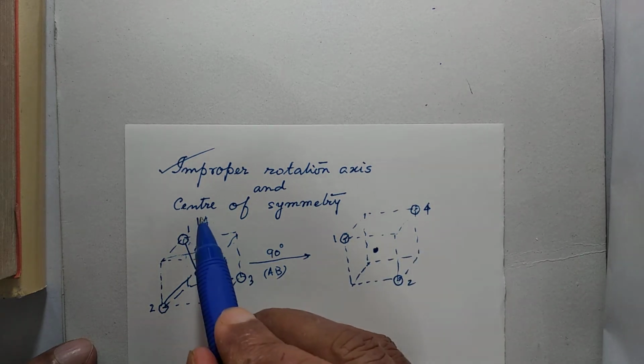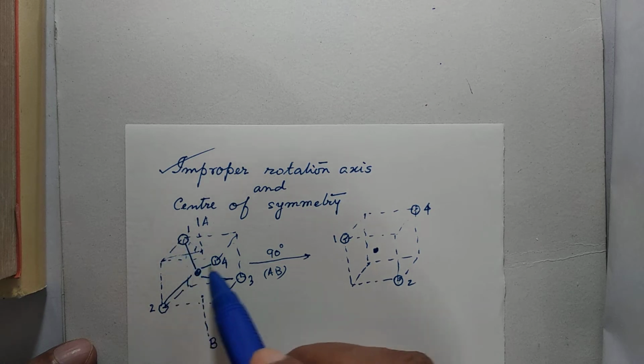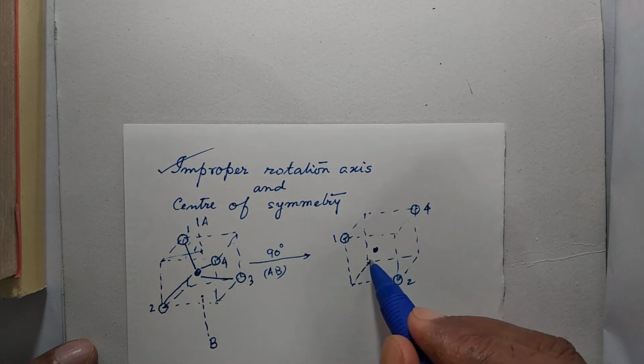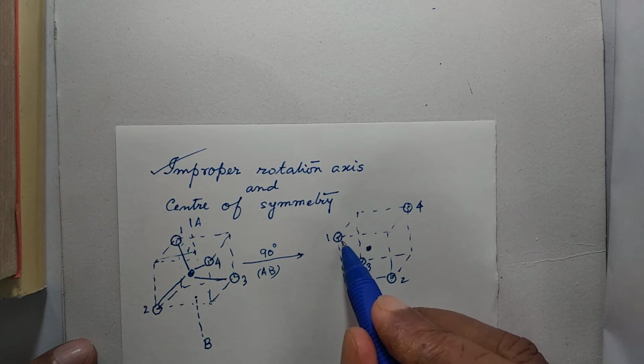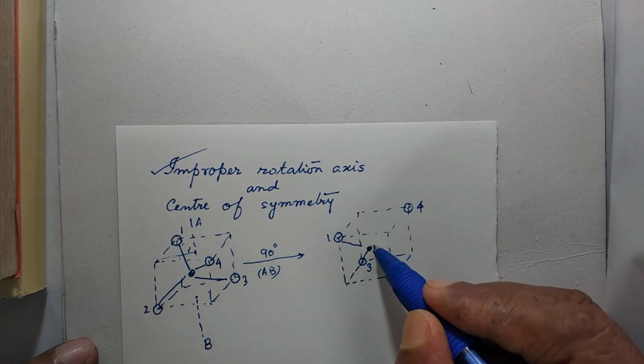We are carrying out an anti-clockwise rotation. 1 comes to 4, 4 goes to 1. 2 comes to this position, and 3 goes to this position. This is now the configuration of the molecule.